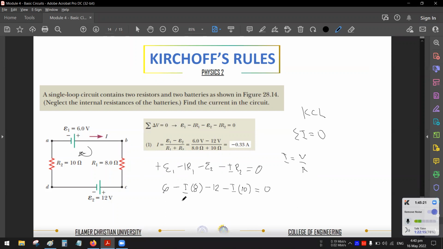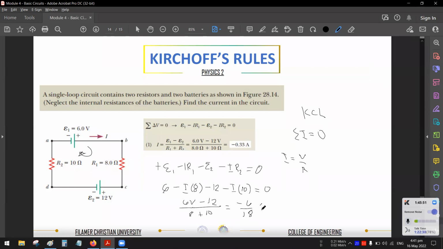So, this could be simplified by the voltage difference of 2. So, that is 6 volts minus 12 volts. Then, divide mo lang siya. So, 6 volts divided by 8 plus 10. Kasi naka-series naman to eh. Naka-series yan. Or that is equal to negative 6 over 18.